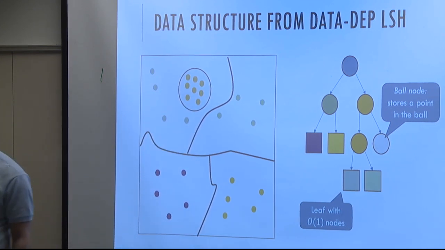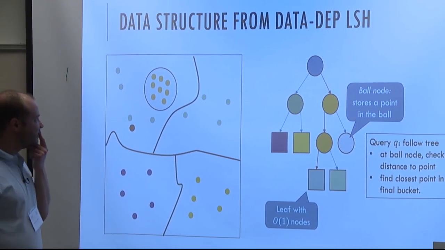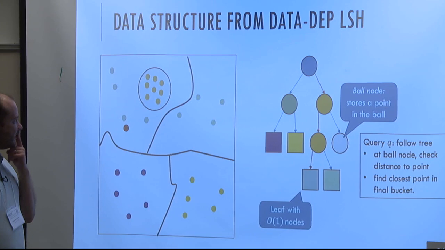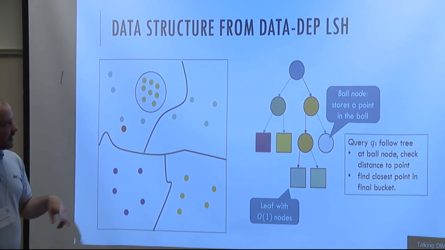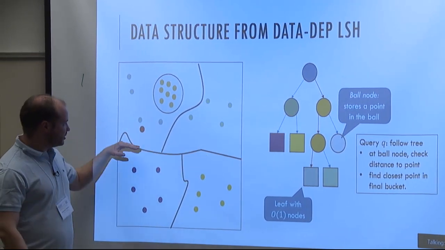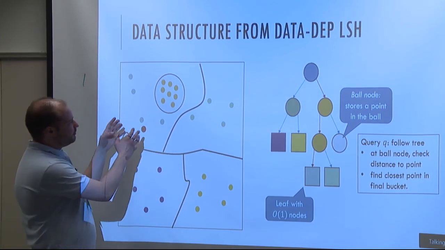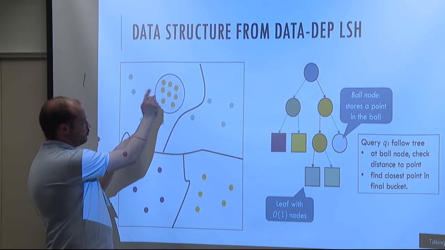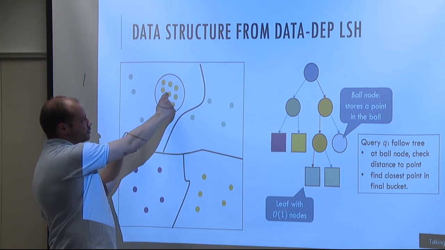Okay. So how do I answer a query here? I just follow the tree. So once I get a query, I say this is a query point. At every point in my tree, I follow where it should go. So it's above this partitioning line, so it goes here. At this point, if I have a ball node, I'm going to check. I will remember just 1 point in the ball node. I'm going to check, is the query point close to the ball, basically?